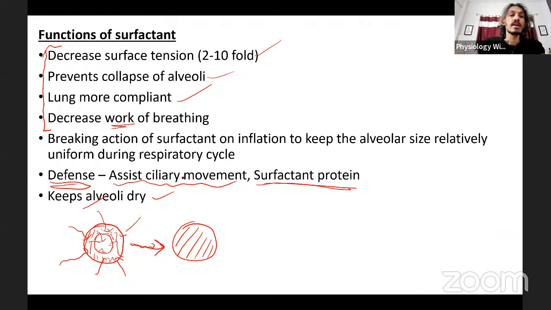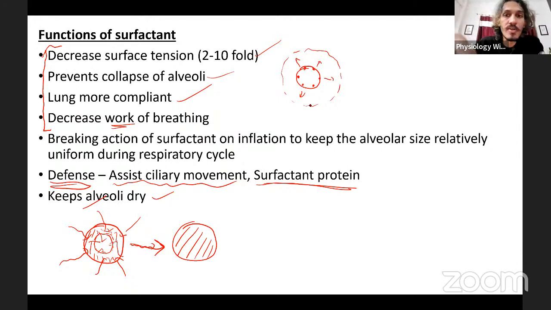Another thing, braking action of surfactant on inflation, to keep the alveolar size relatively uniform during the respiratory cycle. What does it mean? So say there is this much, okay, and you have say 1, 2, 3, 4, 5, 6 surfactant molecules. Now this goes up and inflates and reaches this diameter.